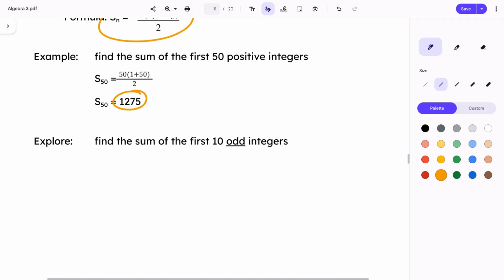Now, if you think about the next one, it says find the sum of the first 10 odd integers. Odd is going to change things slightly as far as how we think about this. Think about odd numbers only. What's the first odd number that we have? 1. What would be the 10th odd number?